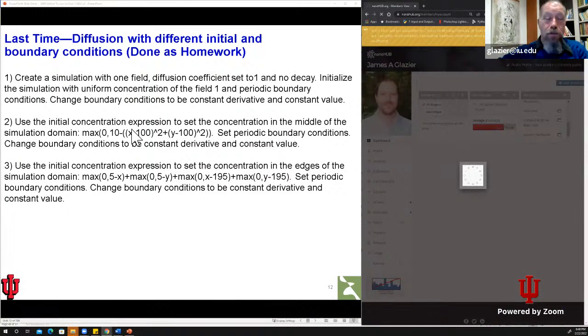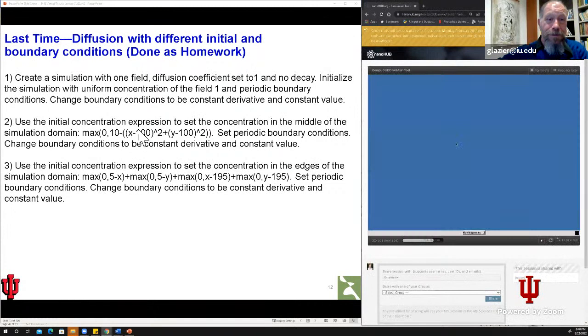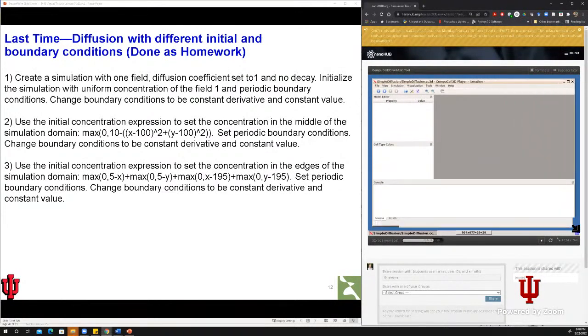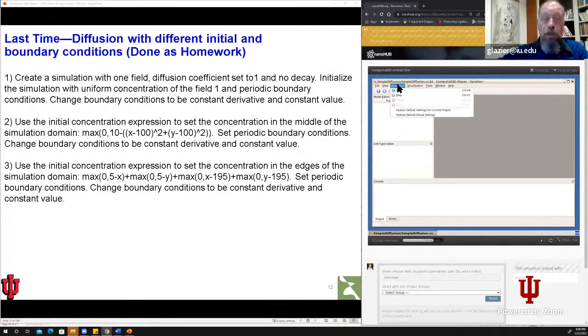Did anybody get that to work? I think I did, but I did what you suggested in the homework, where you just select the field through self.field.oxygen and then set it equal to 1 based on the coordinates. So you did it in Python. Yeah.